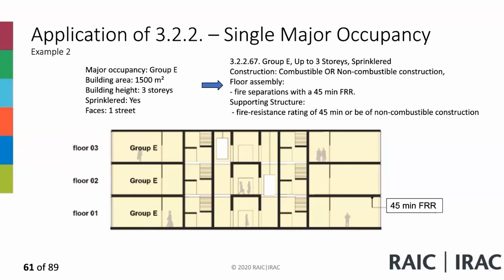So the building code in this case is telling you that you can use non-combustible construction, and if you use non-combustible construction, you don't need a fire resistance rating. So take a look at your ORs. This one, the OR gives you more flexibility. Okay?